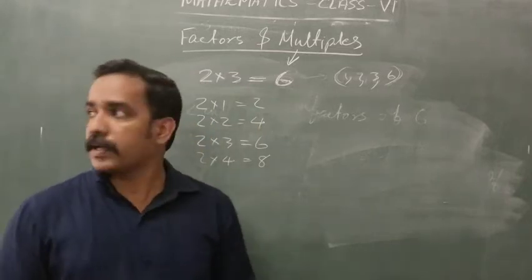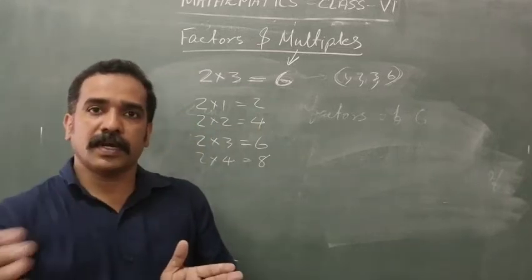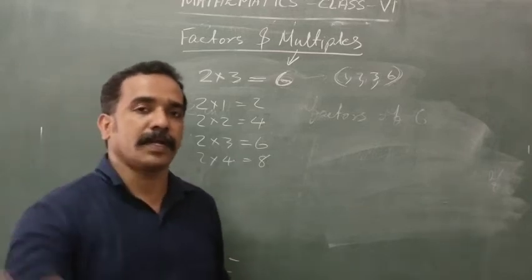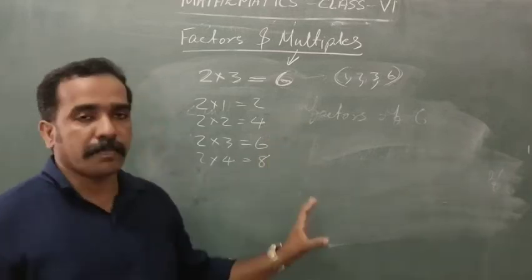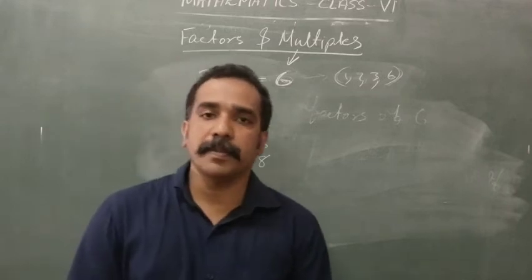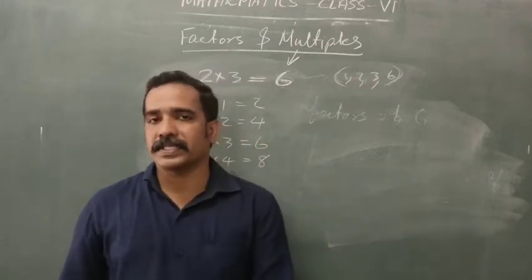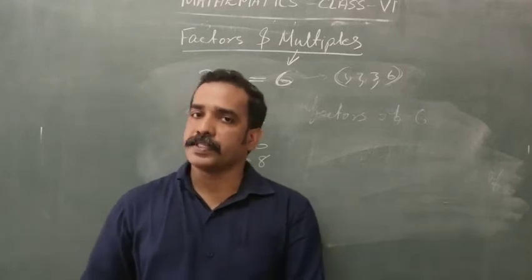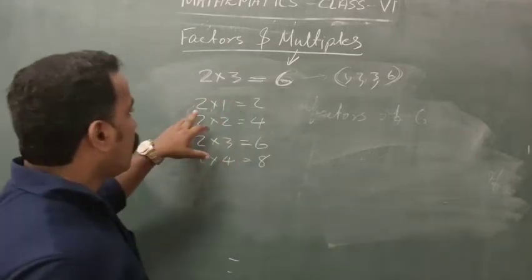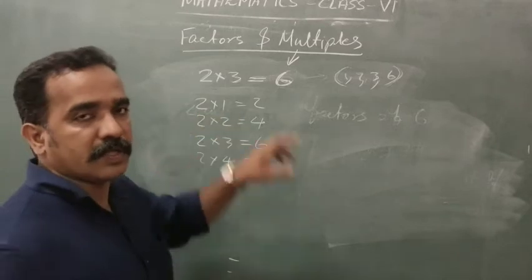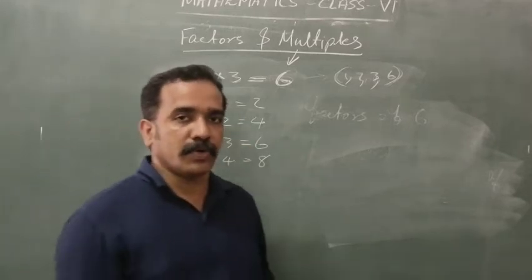Whenever you multiply a number with another number, you will get a multiple. So every number has infinitely many multiples, and the smallest multiple of a number is that number itself. So the smallest multiple of 2 is 2 itself, other than 0.